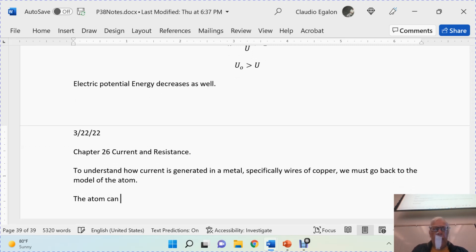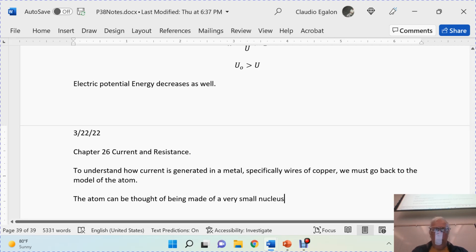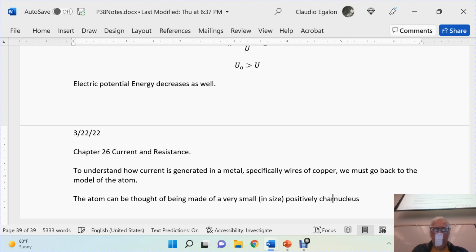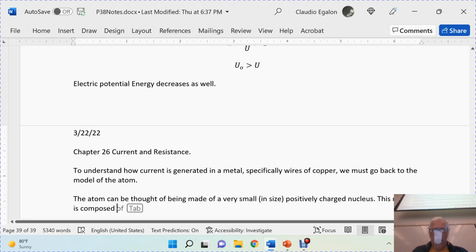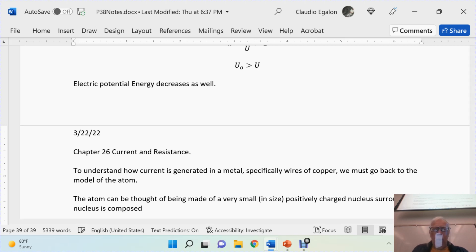The atom can be thought of as being made of a very small, positively charged nucleus, small in size, surrounded by orbiting electrons.